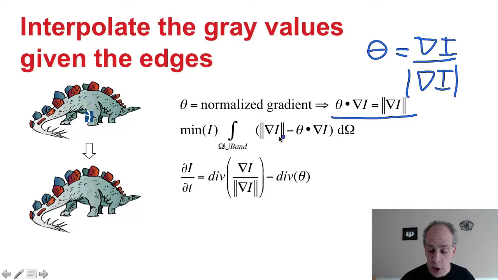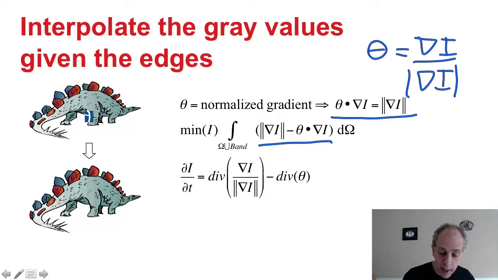When the image holds this, it becomes zero, and then what's inside here is as small as possible. Once again, the basic idea is you find an image that when you take its gradient and you normalize it, you get what was given to you. So you look for consistency.